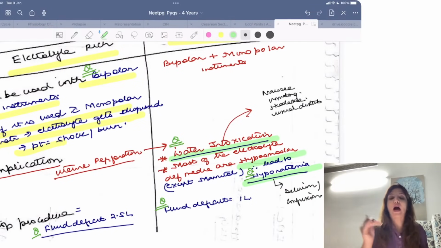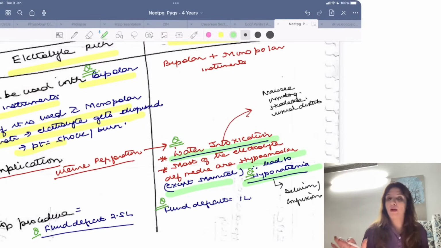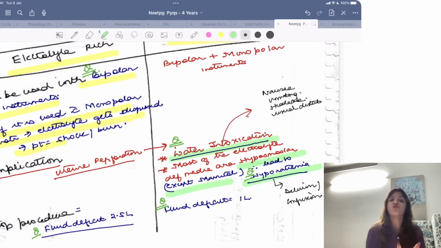Except mannitol. Mannitol is isoosmolar and does not lead to hyponatremia, but most of the other electrolyte deficient media lead to hyponatremia. That is why if I am using bipolar instruments, I should choose electrolyte rich media.